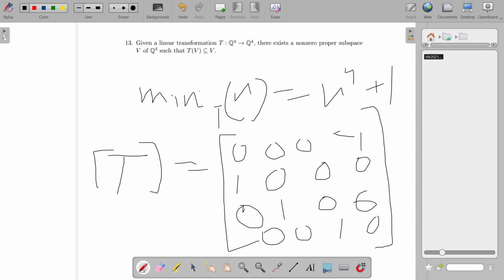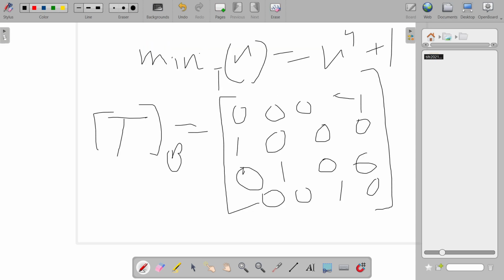We know that in a companion matrix the minimal and characteristic polynomials are equal, with respect to the standard basis, of course. Let's call the basis beta. So this will be the matrix. And we can see here that E1 goes to E2, E2 goes to E3, E3 goes to E4, and E4 goes to minus E1.